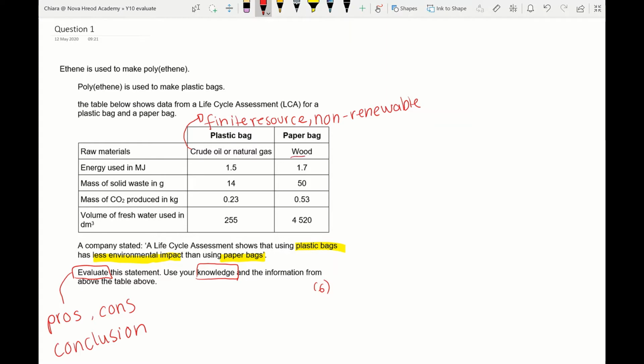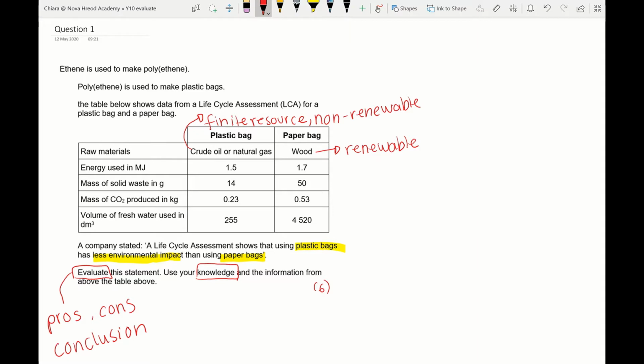Whereas wood, you may probably know, comes from trees, and trees don't take that long to grow back, okay? So wood is a renewable resource. Yeah, so it's a renewable resource, and we can just plant more trees, which will grow, and we will get more wood within our lifetime.